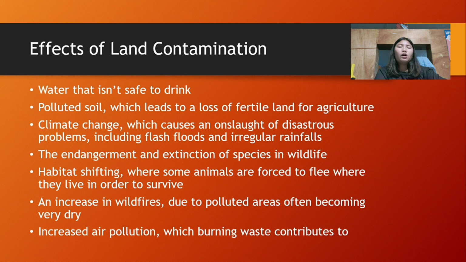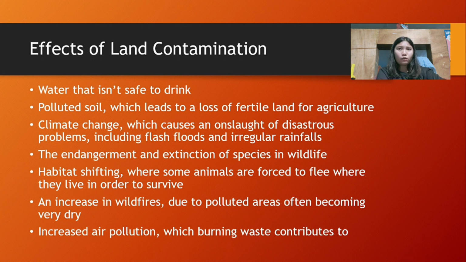So, we have the effects of land contamination. There is water that is unsafe to drink, and polluted soil, which leads to a loss of fertile land for agriculture. There is climate change, which causes an onslaught of disastrous problems, including flash floods and irregular rainfalls, and the endangerment and extinction of species in wildlife.